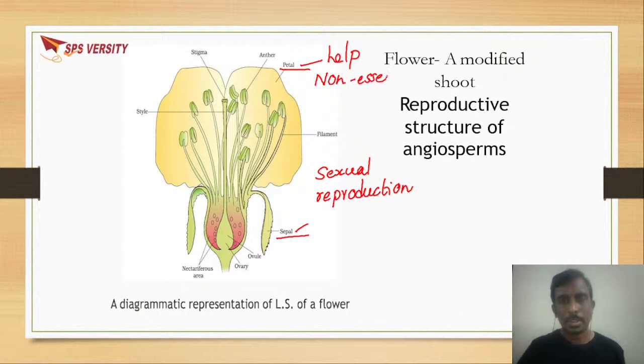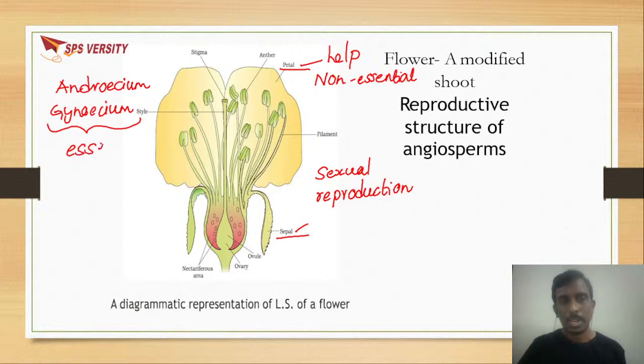But when you come to the male and female parts, the male part is called androecium. The female part is called gynoecium, which are directly involved in reproduction. That's why they are called essential parts of the flower.